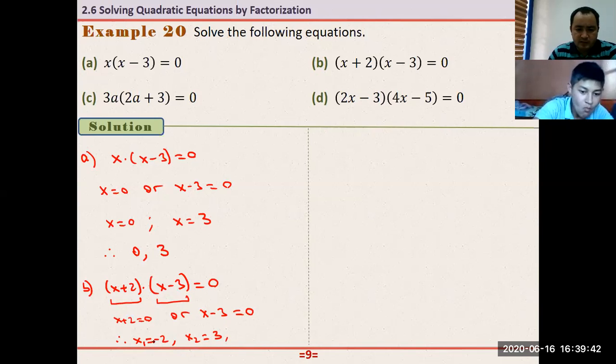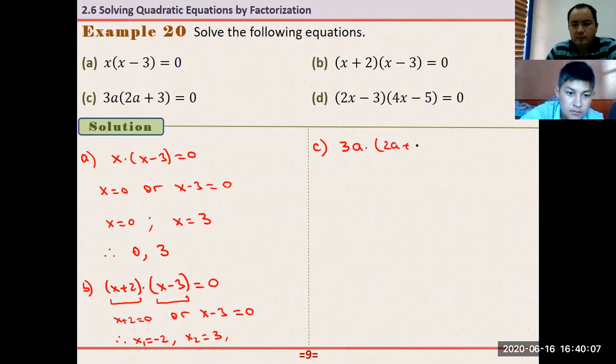That means that if you substitute this number into the equation, left-hand side should be equal to right-hand side. Or if you substitute this 3 into this equation, evaluate this. 3 minus 3, 0. So actually this part doesn't matter for us because 0 times anything equals 0. Okay? So these are very easy questions. It's just warm up. How about this one? 3a times 2a plus 3 is equal to 0, right?